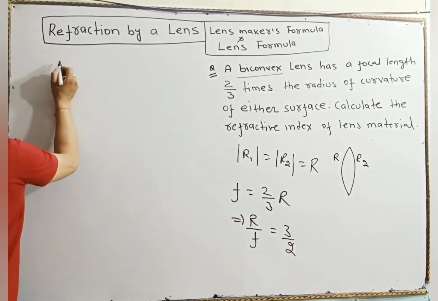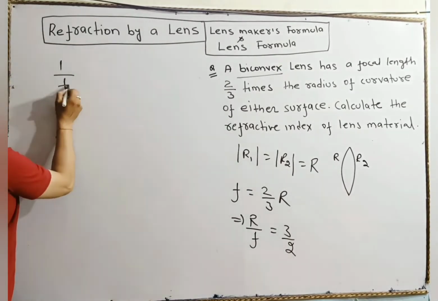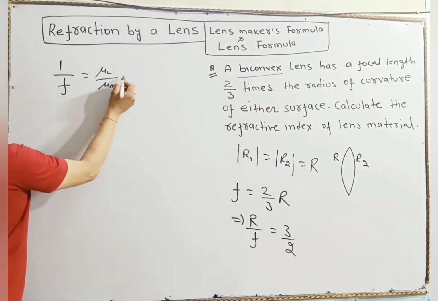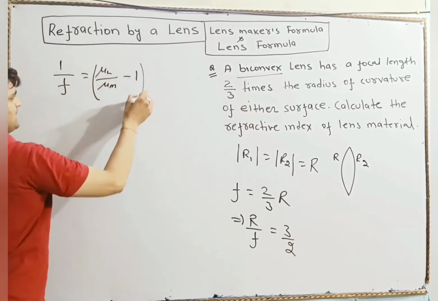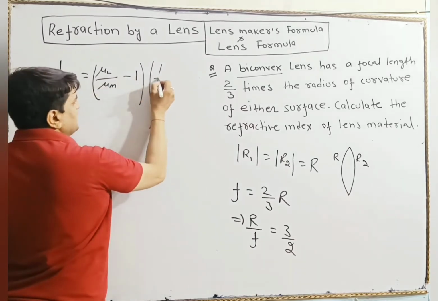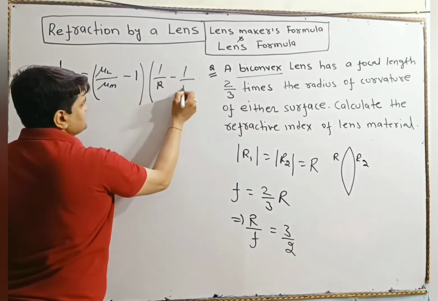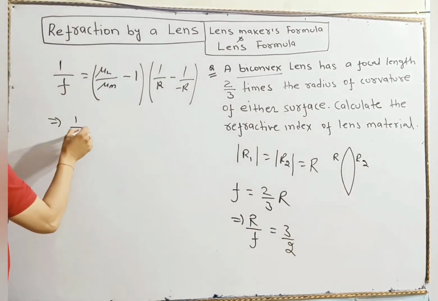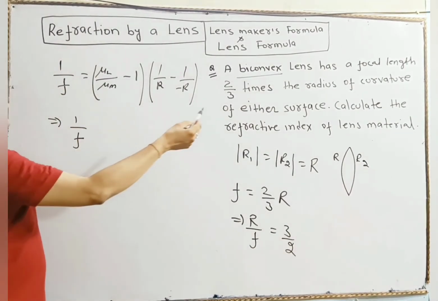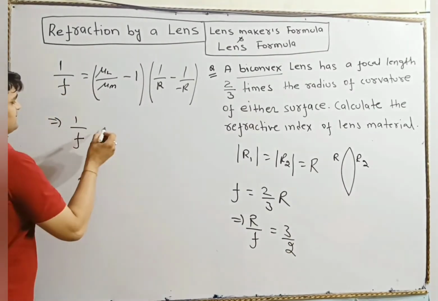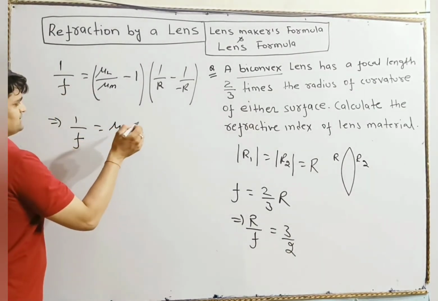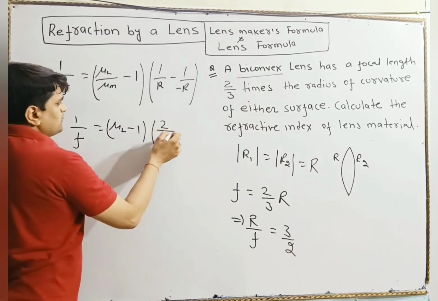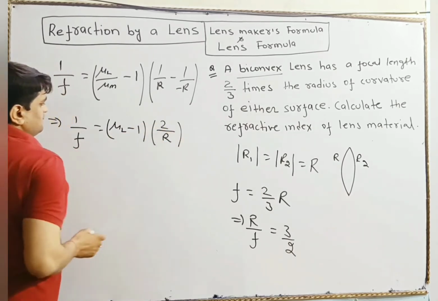Now we have formula, lens maker formula, 1 upon F equal to mu L upon mu M minus 1 and 1 upon R minus 1 upon minus R. Okay, 1 upon F, and because medium is not mentioned here, by default we will take mu m as air, it will be mu l minus 1 and it becomes 2 upon r.